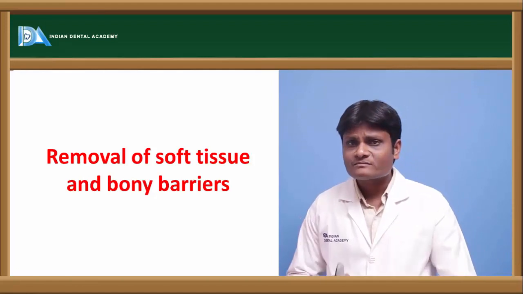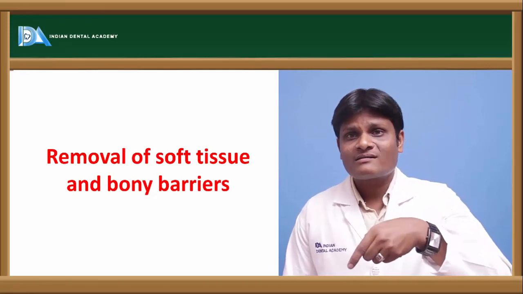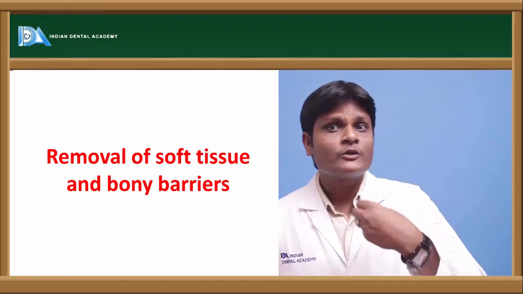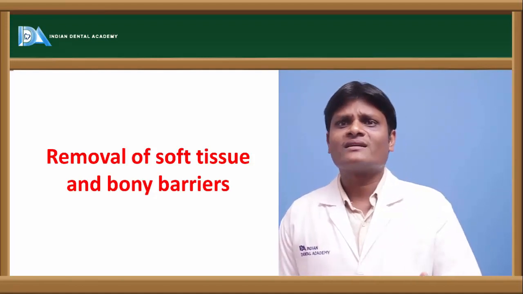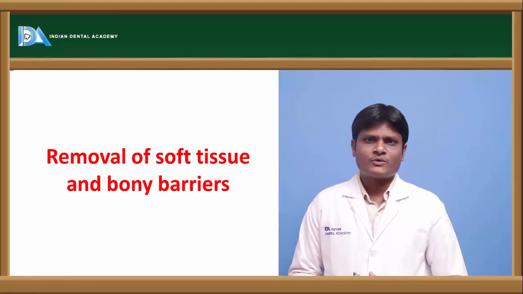At that time, we need to cut the portion of the gingiva that is thick and redundant, or even trim some amount of bone to eliminate the resistance that is present in the path of eruption of the permanent tooth.